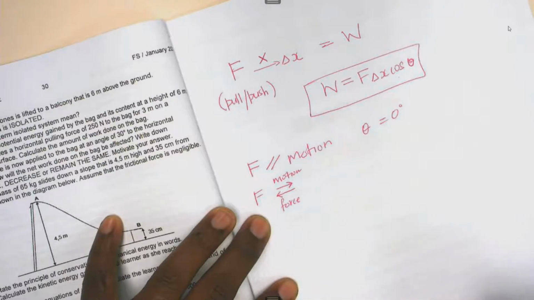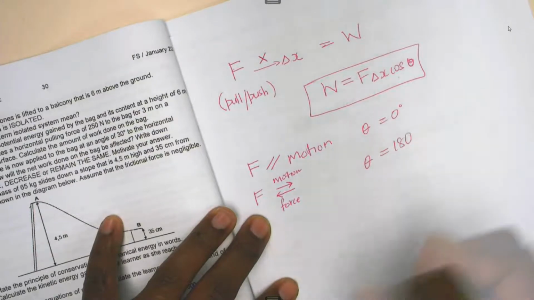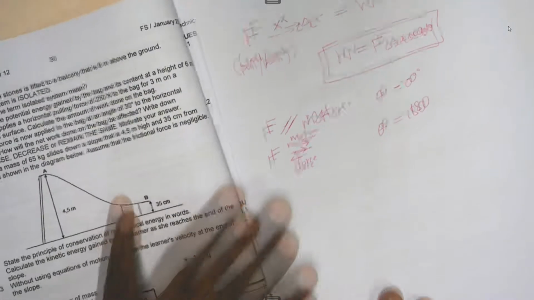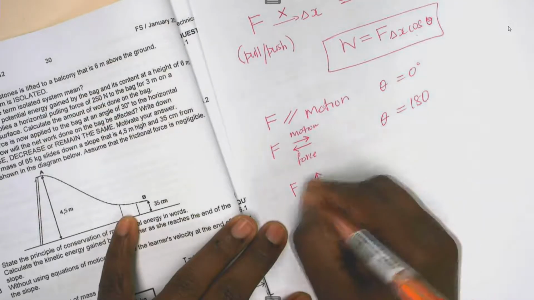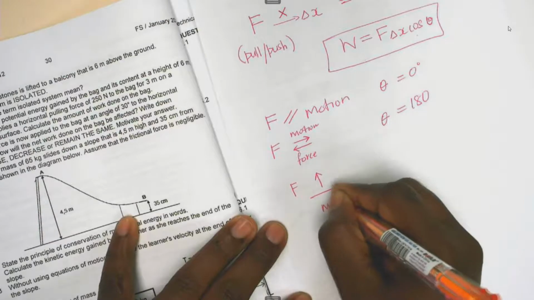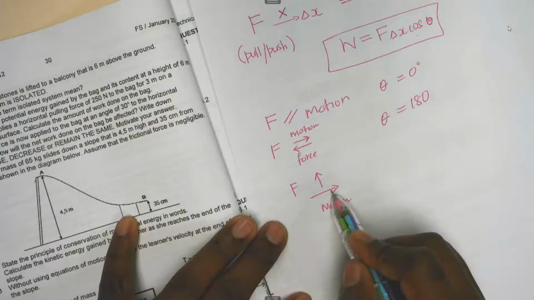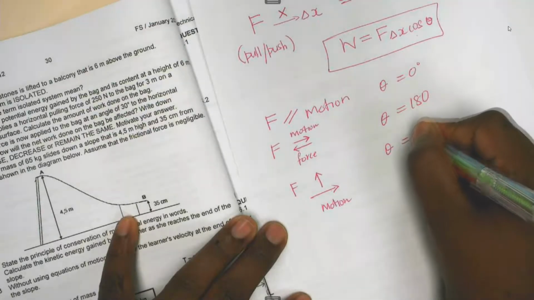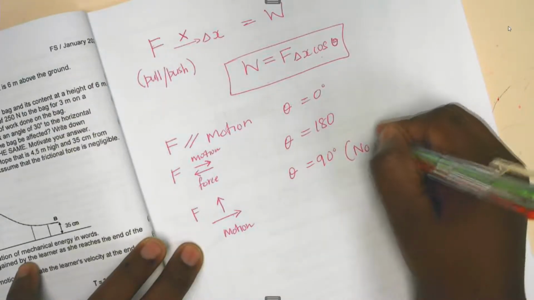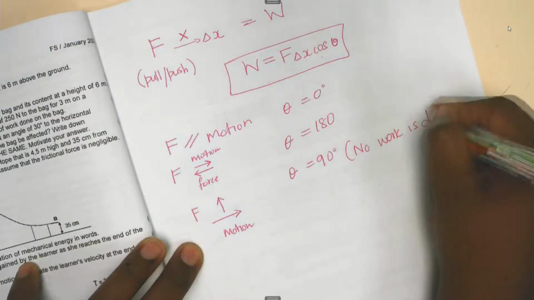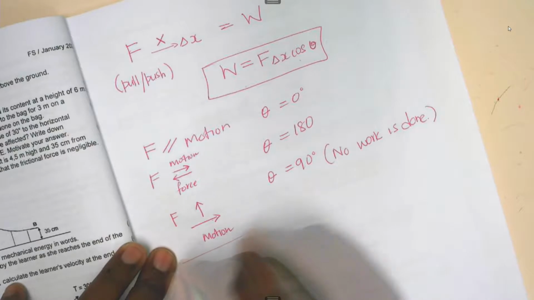If they are like this, therefore theta will be 180 degrees. If force is going up and motion is this way, can you see? They make a nice angle of 90 degrees. And theta is 90 degrees. Then you can say no work is done.